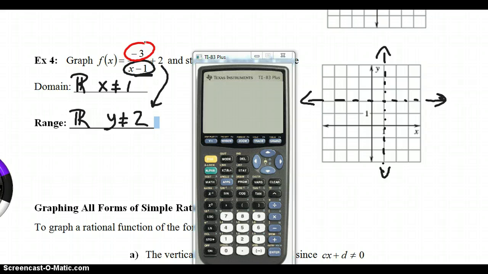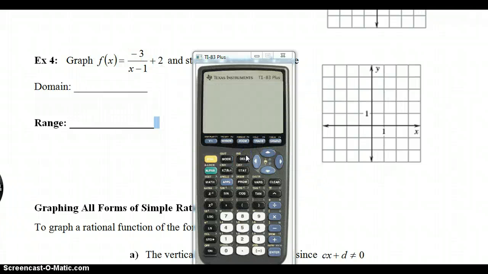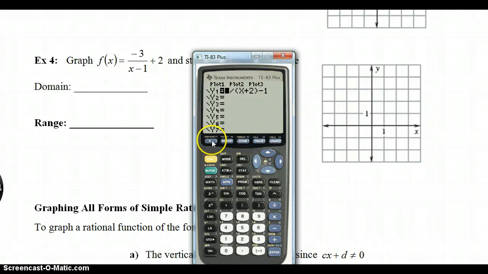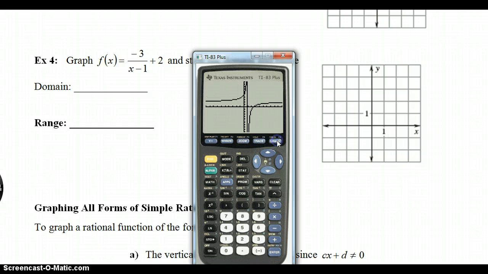Okay, so first draw your asymptotes, state your domain and range, and then get some points. How do I do that? I have to graph it in the graphing calculator. Okay, so let's change this up. We put in a -3. Again, since x minus 1 is in the bottom, we have to put that in parentheses, and then we put our +2 outside of parentheses.